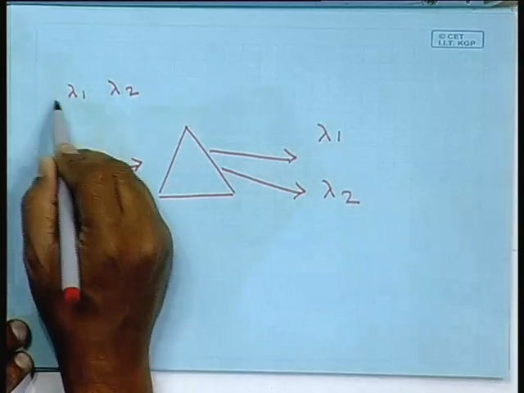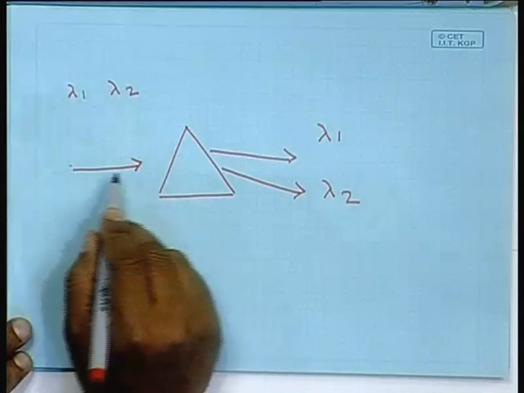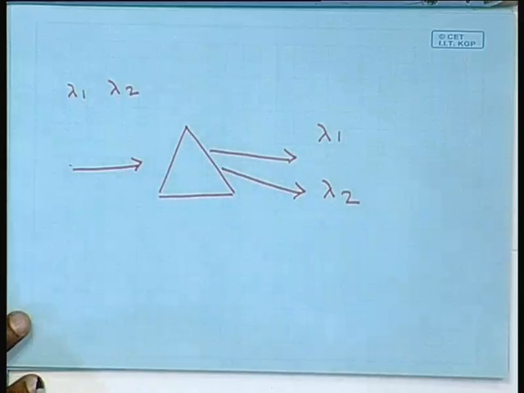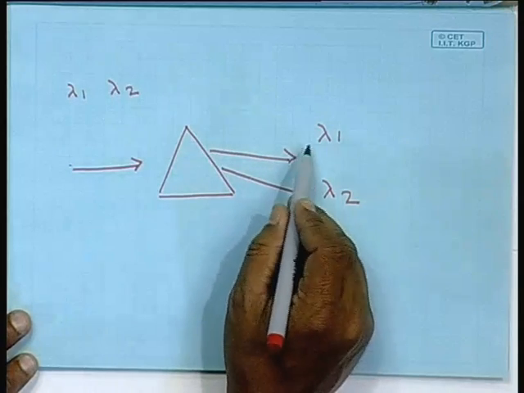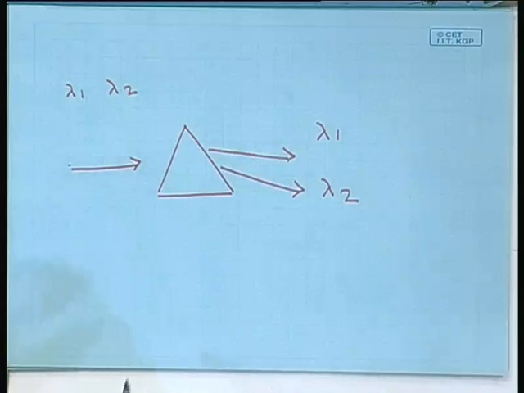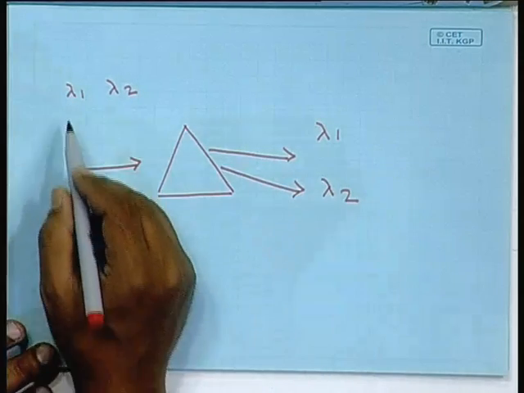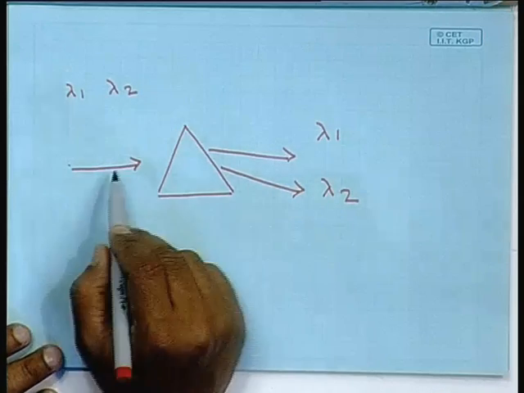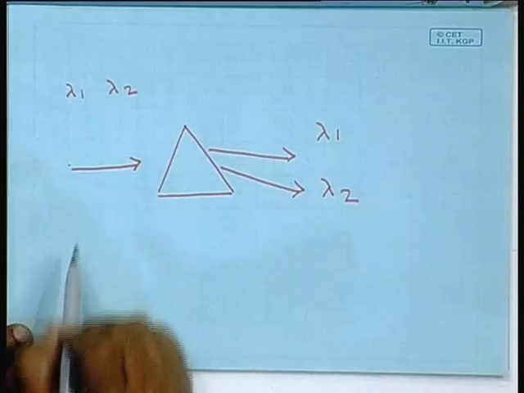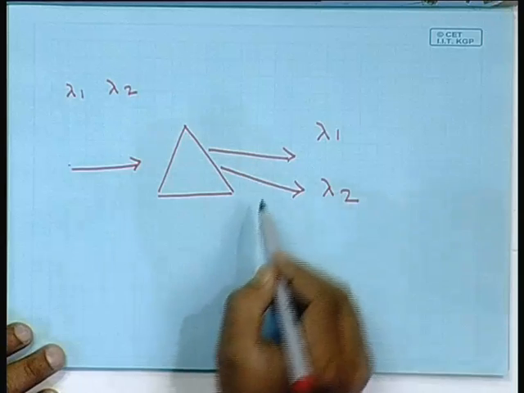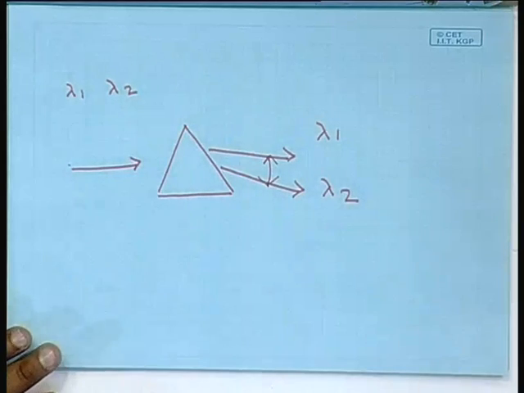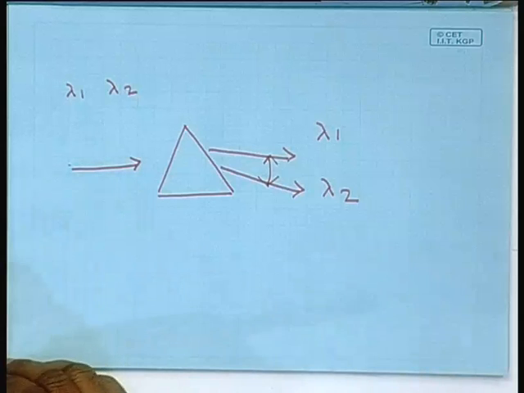The light would get dispersed, and you could determine the fact that there are two different wavelengths in here, not one. But this will work only if the separation between these two wavelengths is quite large. If the separation is very small, then the difference in angle between them would be very small and you would not be able to measure it.